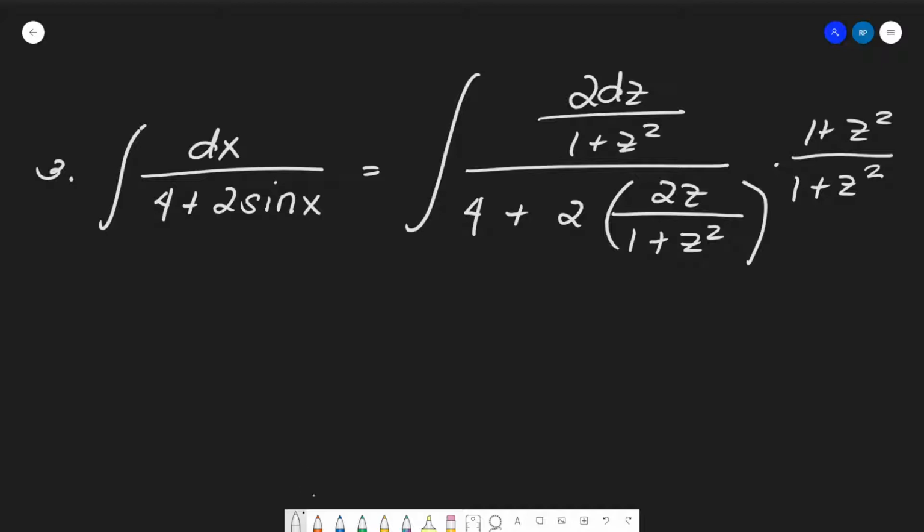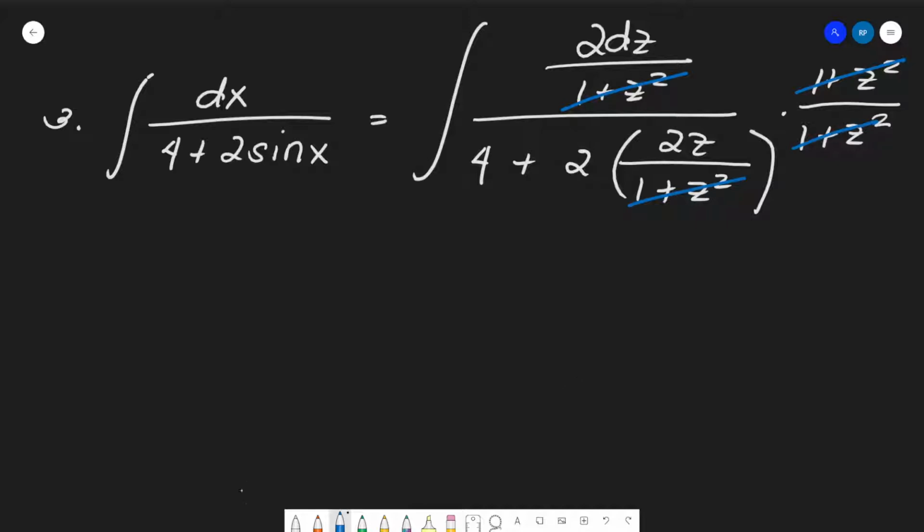Ayan. So, makakancel yung ating mga denominator. Ba? So, next, let's simplify. We have here, magmumultiply tayo ng 1 plus z squared dito. So, we will have 2dz over 4 plus 4z squared.